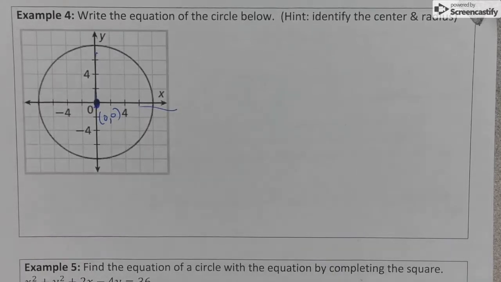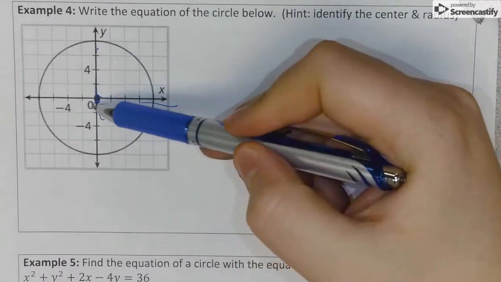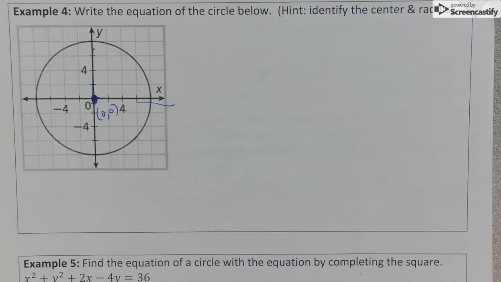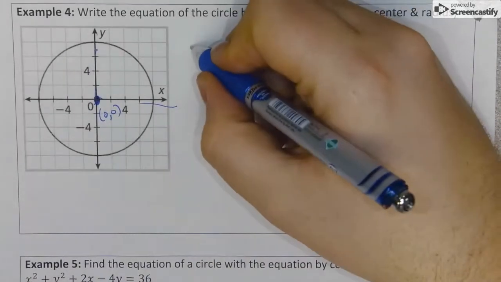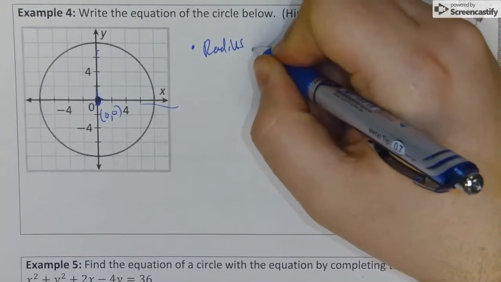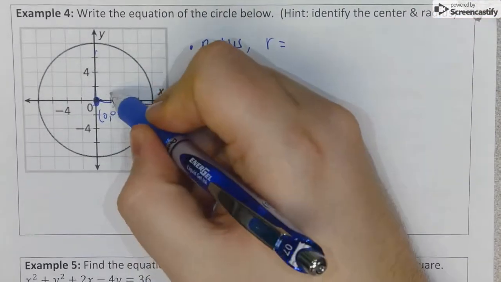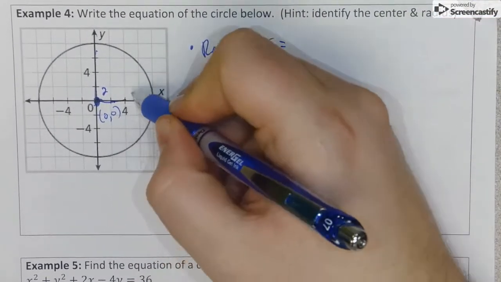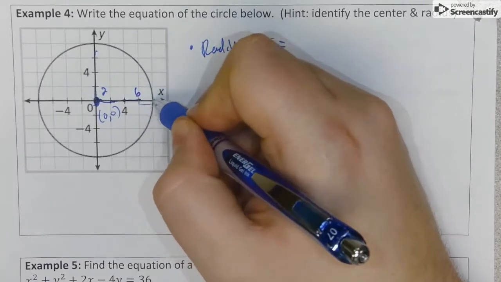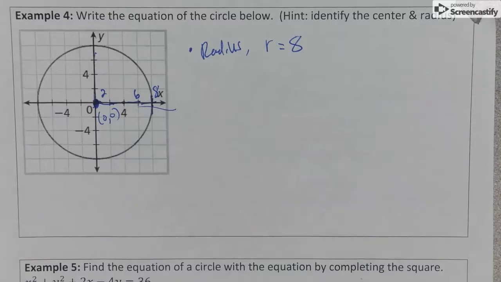Remember, we used that to do example 2. We said if we know the radius, we can determine any point to the right, to the left, up or down. So that's what we're going to do. We're going to first find the radius. So in this case, your radius, or your r, equals, so we'll just count. This would be 2, this is 4, this is 6, and this point here would be 8. So your radius is 8.